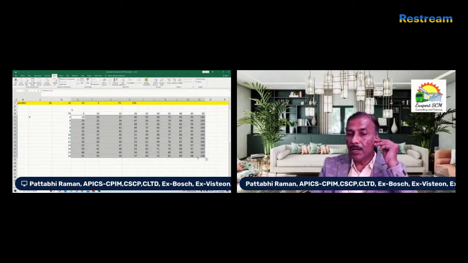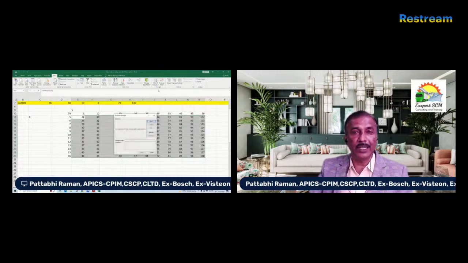Suppose you want to go for varying more than two parameters, then you need to use something called scenario manager. Data table can be used only up to two parameters. You can vary two parameters, then it becomes a two-way table. If you want to see the simulation for more than two parameters, then you have to use scenario manager.